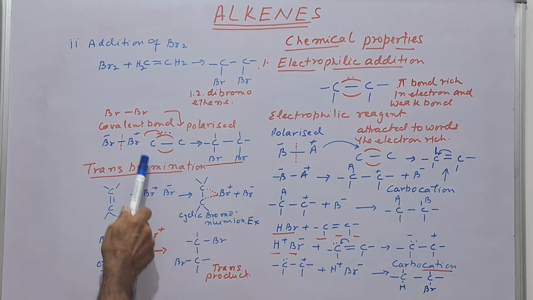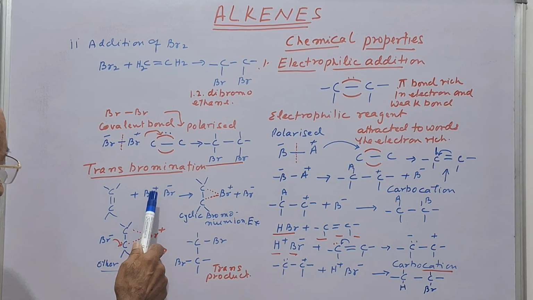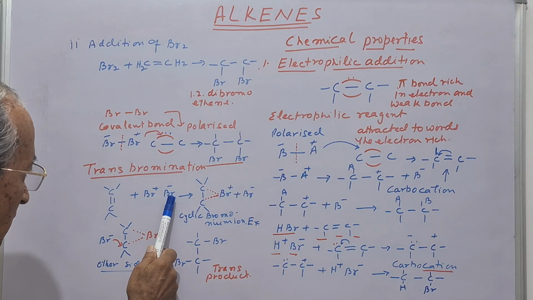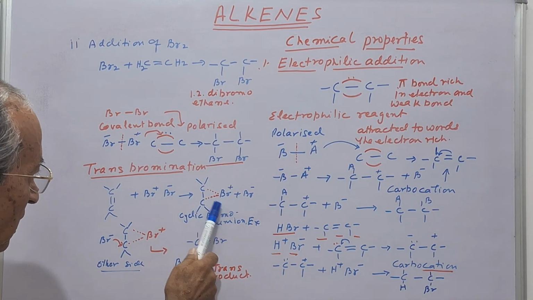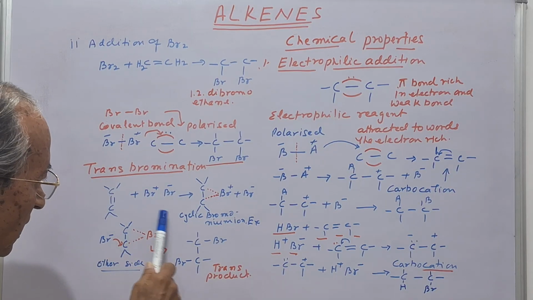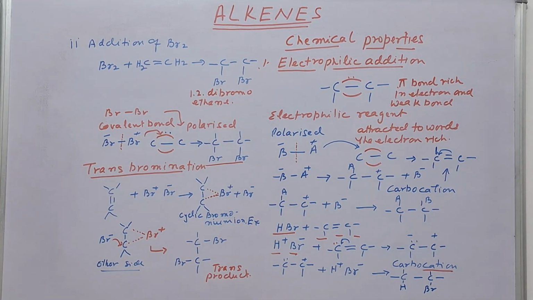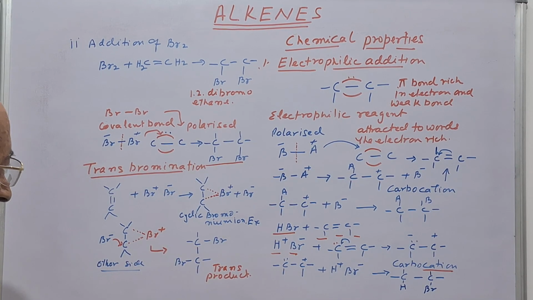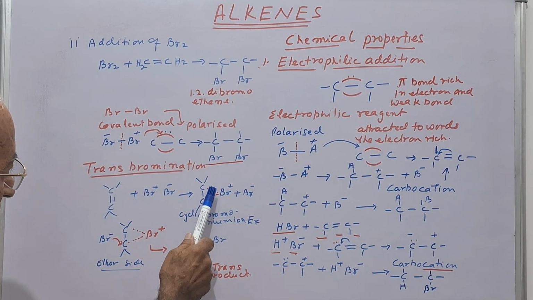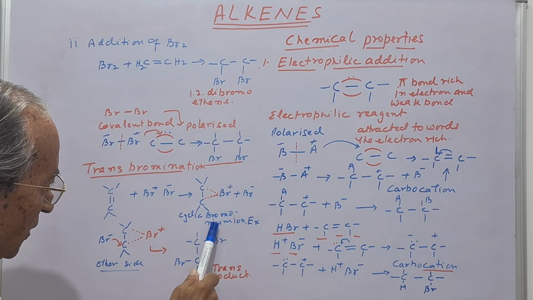First, this bromine is polarized, and one of the bromine atoms joins with the pi bond and forms a cyclic bromonium ion. Listen, one of the polarized bromine atoms attaches to the pi bond to form the cyclic bromonium ion.